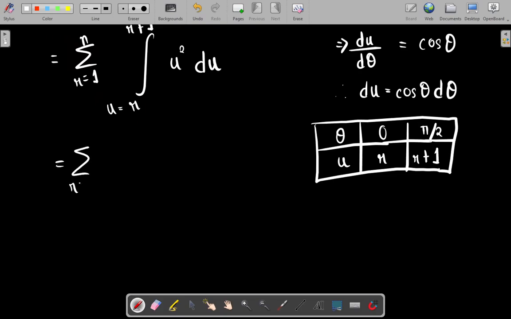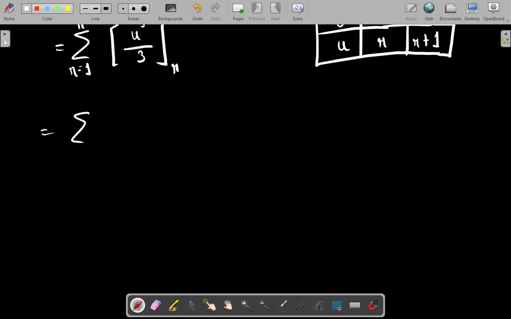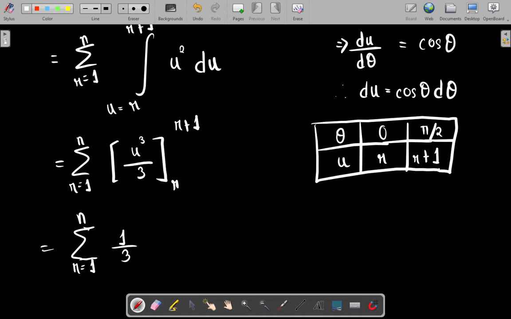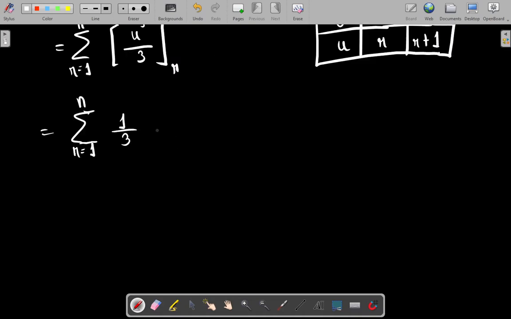So again, r goes from 1 to n. This will be u cube upon 3, where the limits are from r to r plus 1. So this now becomes the summation r goes from 1 to n. I can take the constant 1 by 3 out, and this will become (r plus 1) whole cube minus r cube.